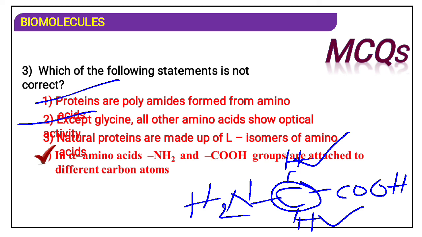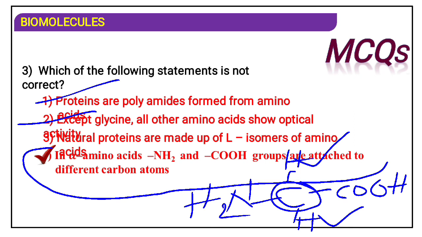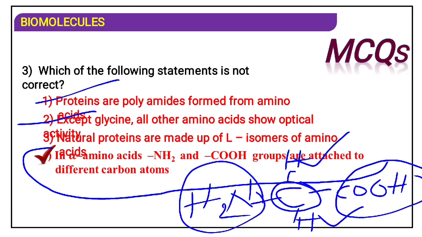Why? Look at this glycine amino acid: the NH2 group and the COOH group are both present on the same carbon. They are not present on different carbons. That's why the fourth option is incorrect.